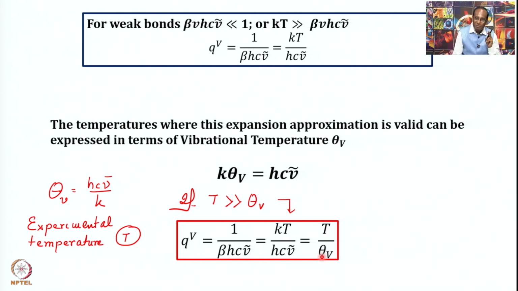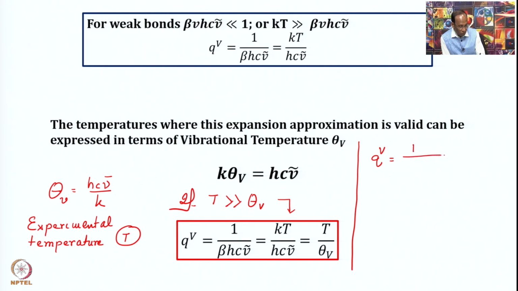So, now we have three forms of vibrational contribution to partition functions. One form is Q_V equal to 1 over 1 minus exponential minus beta hc nu bar. Second form, 1 over beta hc nu bar, which is equal to kT over hc nu bar.